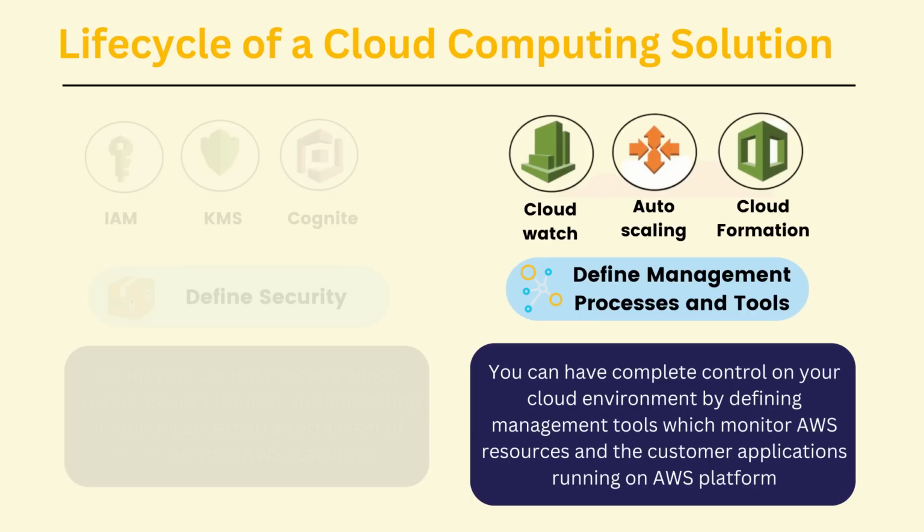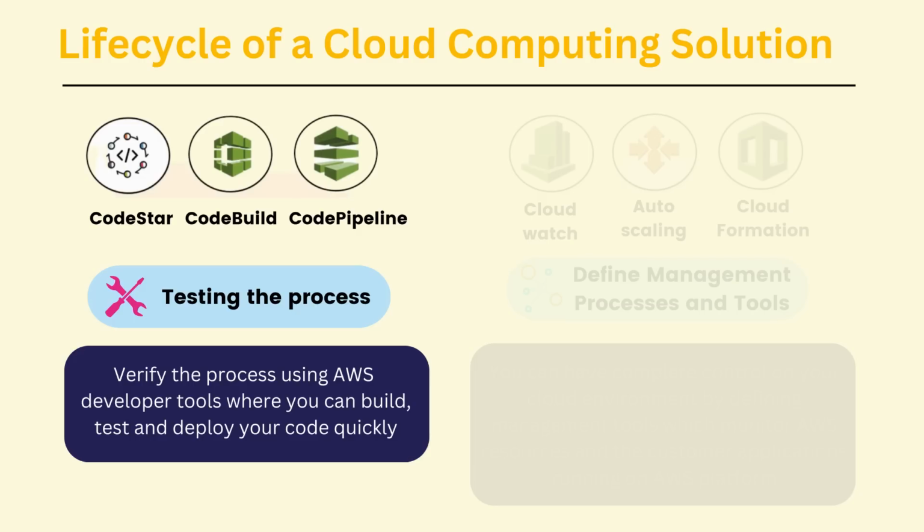Knowing them will help you in defining the life cycle of a cloud computing solution properly. Similarly, there are a lot of tools for the testing process, like CodeStar, CodeBuild, and CodePipeline. These are tools with which you can build, test, and deploy your code quickly.